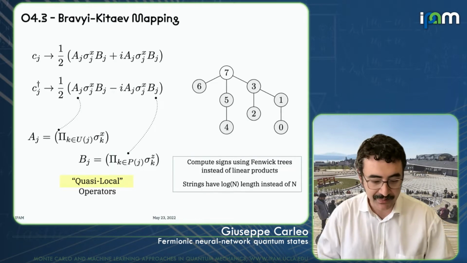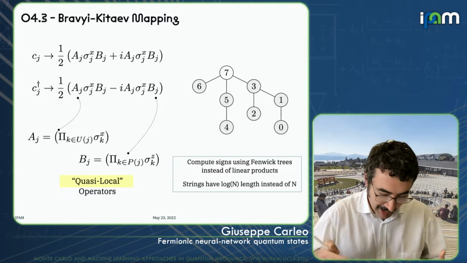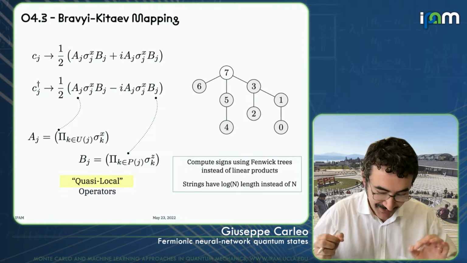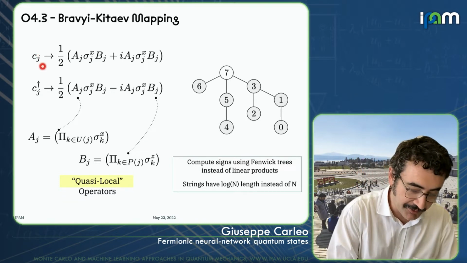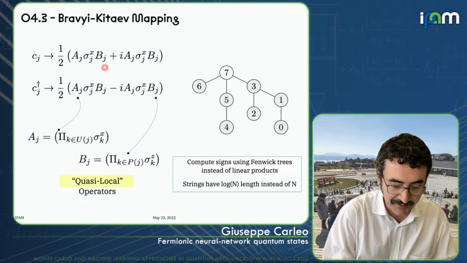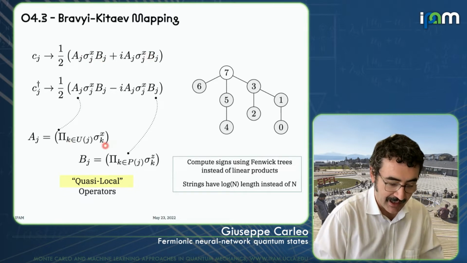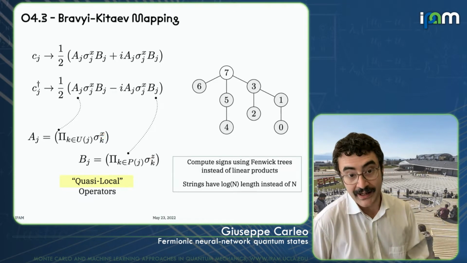The less well-known mapping is due to Bravyi and Kitaev. I will not go into the details of how this mapping works because it's significantly more involved than the Jordan-Wigner one. But the idea is that you also map these C and C dagger operators into something that resembles a sigma plus or a sigma minus operator, but in the middle you insert some other operators A and B, and these other operators A and B are products of sigma X and sigma Z operators.